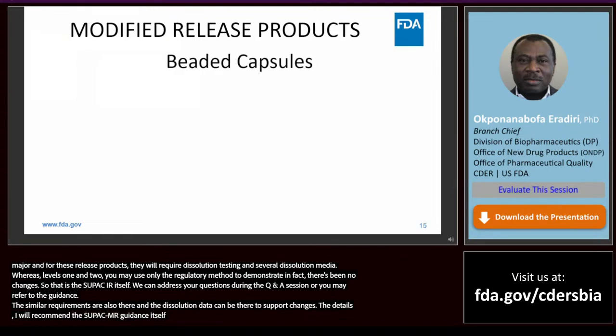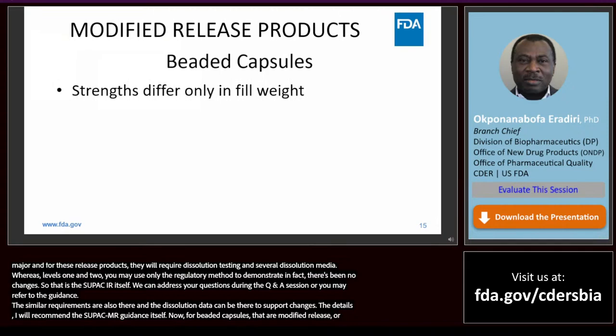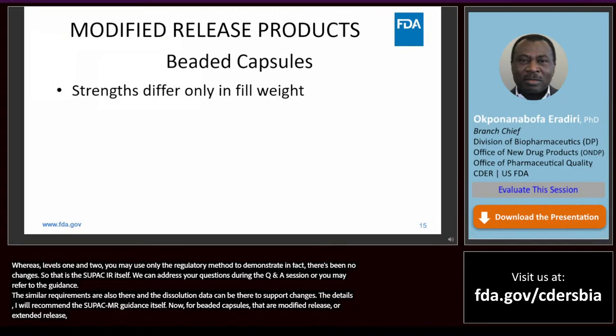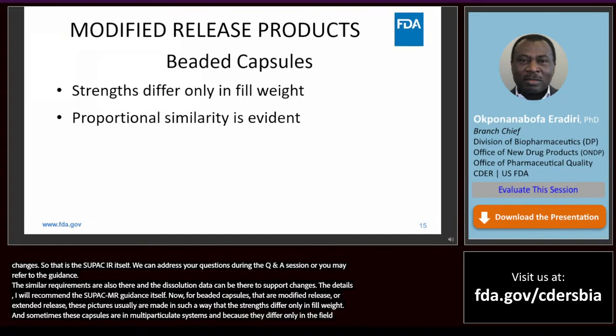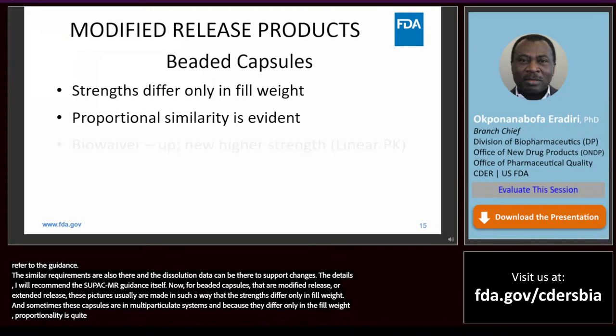Now, for beaded capsules that are modified release or extended release, these beaded capsules usually are made in such a way that the strengths differ only in fill weight. Sometimes these beaded capsules are referred to as multi-particulate systems, and because they differ only in the fill weight, proportional similarity is quite evident in this particular case.